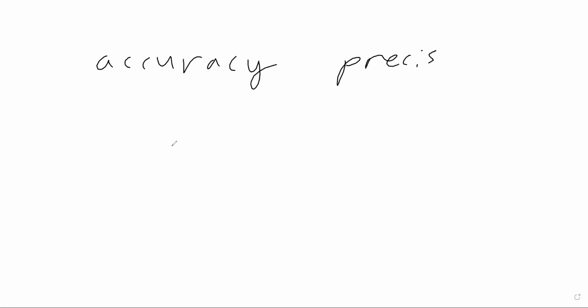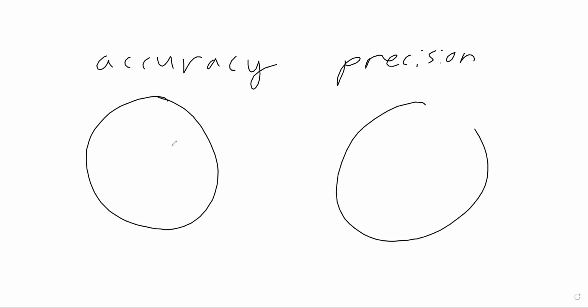And with accuracy, we're talking about how close the measured values are. So with accuracy and precision, we're talking about measurements. And if we imagine these both as kind of like a dartboard, with accuracy, we're talking about how close the average is to center.